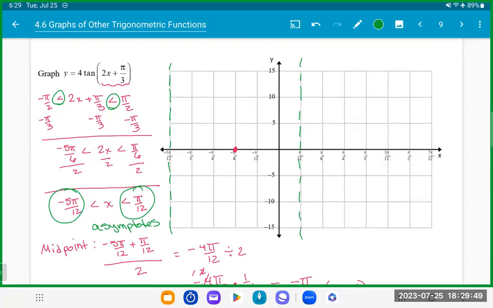I could go on and do a second cycle, right? So I would have another asymptote out here at 7/12. I would have another midpoint here at pi over 3. And then we could just do this, okay?